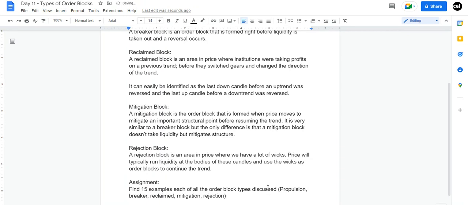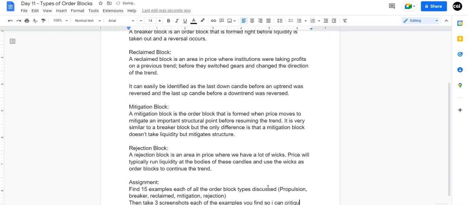Then take three screenshots of the examples you find, so I can critique them.